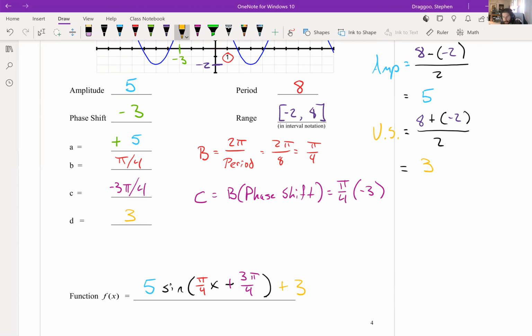All right, so remember that the equation always has the opposite sign of C on the inside, because it's always bx minus c.